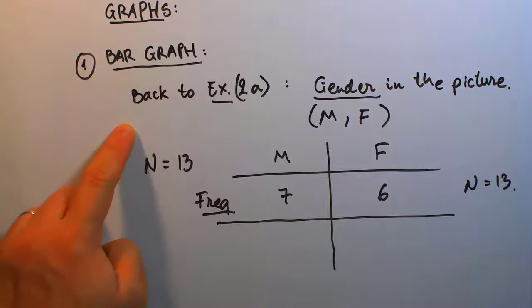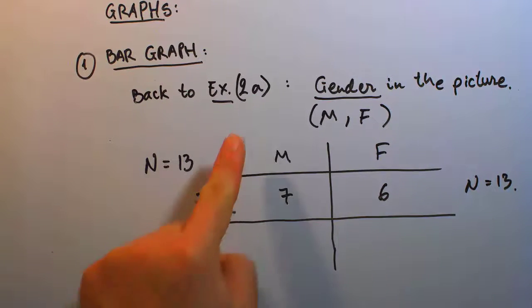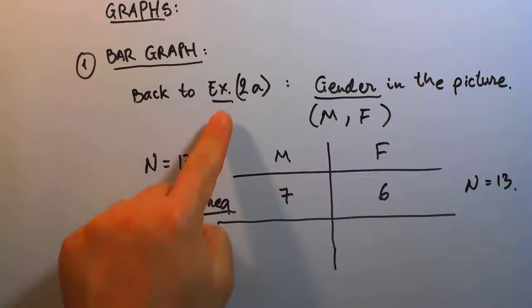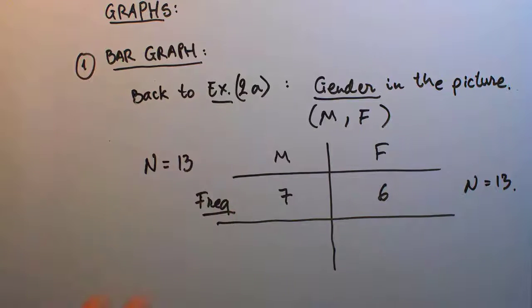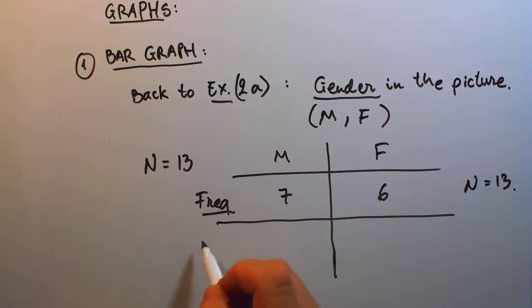Back to our data, recall from example 2a previously that we have already found, and even if you missed that video, this is a comprehensive summary of all that example 2a was about.